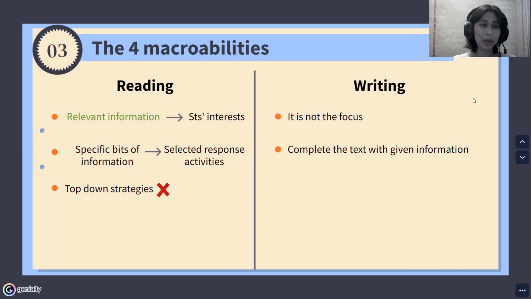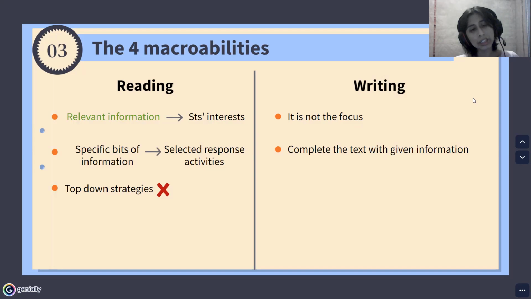I could find some questions, but they were just 1 and 2, that fostered this comprehension of the text as a whole. So it would be great if more of these activities were included. And it would also be great if the activities were more complex than just selected response activities. For example, students could be encouraged to express their points of view, but it is just a proposal.